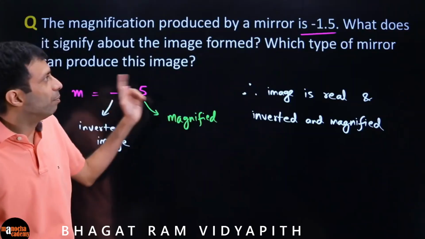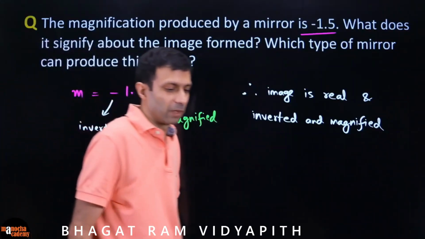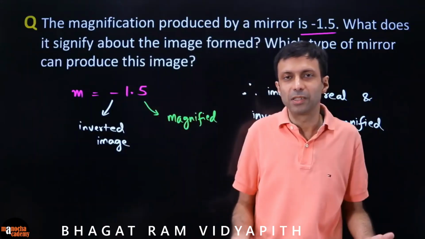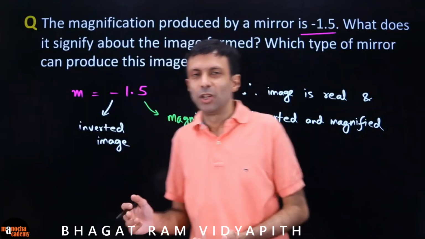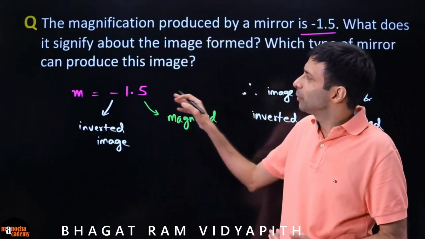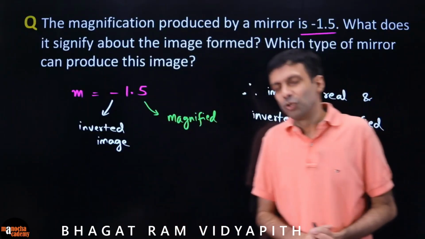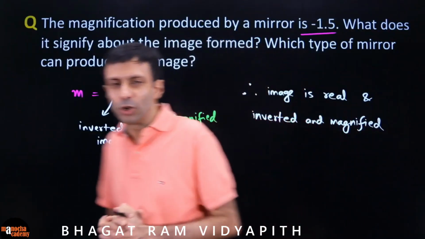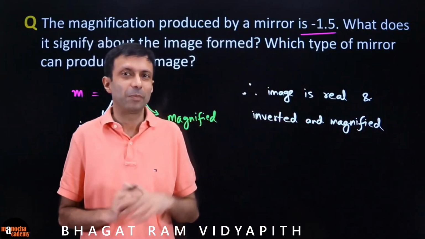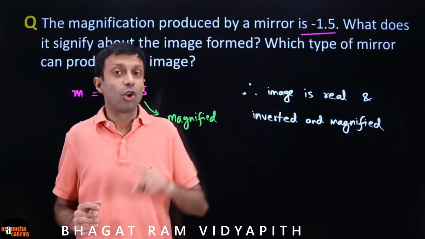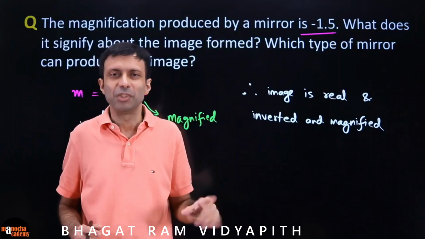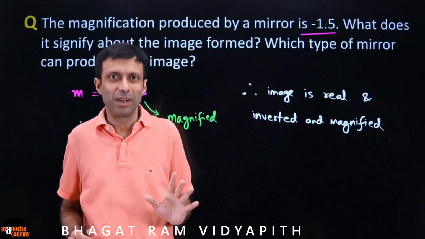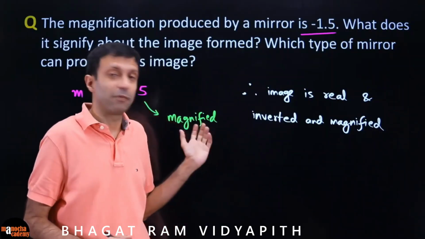Which type of mirror can produce this image? So again, because we are doing spherical mirrors, sometimes they may ask plane mirror, concave mirror, convex mirror. So which type of mirror will form this magnification? So very good. Once again, we get the clue, because negative magnification means it's a real image, inverted image. Convex mirror never forms an inverted image. It never forms a real image. So definitely this has to be concave mirror, and concave mirror produces magnified image.